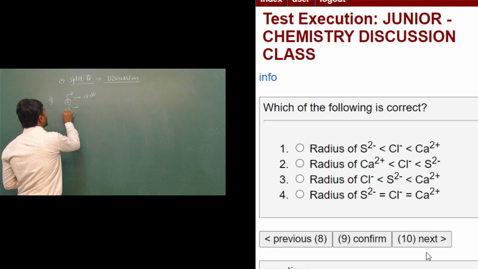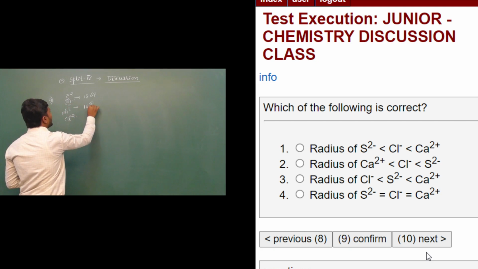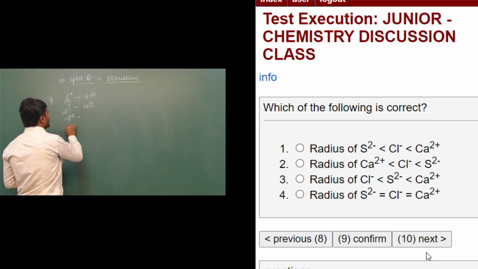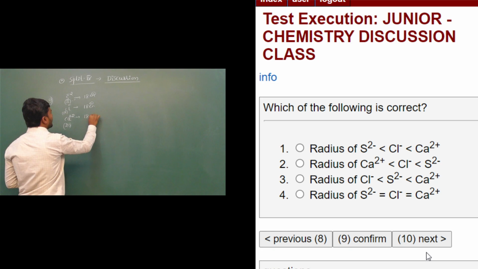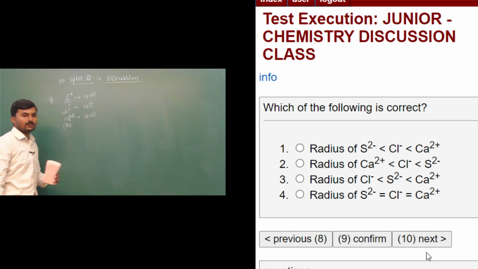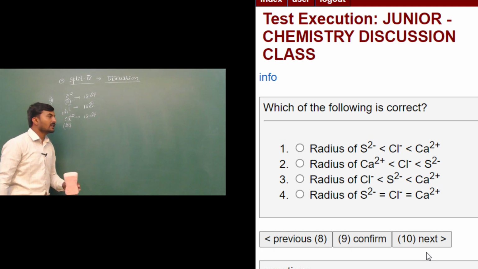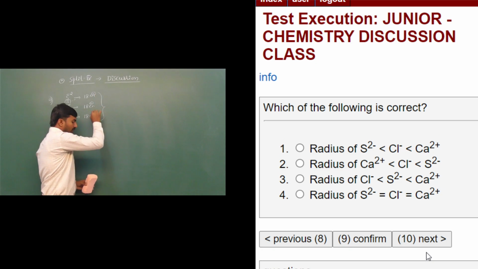Cl atomic number is 17. With the addition of an electron, it also has 18 electrons. Ca plus 2, atomic number of calcium is 20. With the loss of 2 electrons, it also reaches 18 electrons. Means these species are isoelectronic species again.